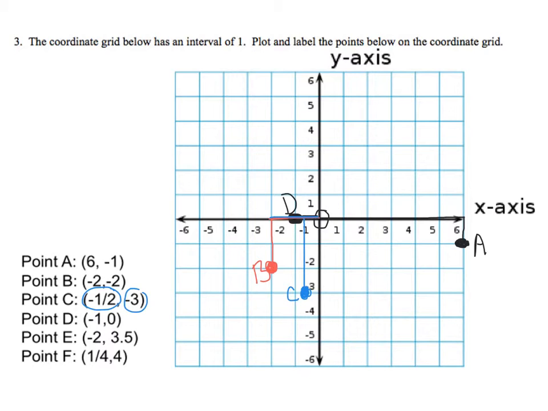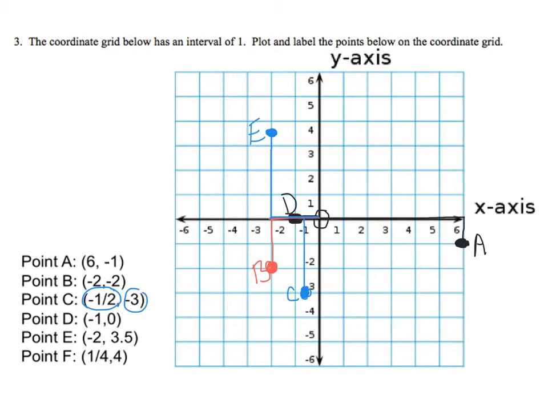The y-coordinate here is 3.5. Now, because it's positive, that's going to take me vertically. So I'm going to go, let's see, 1, 2, 3, and halfway between the 3 and the 4, and that's where I'm going to make my point right there. That's going to be point E.